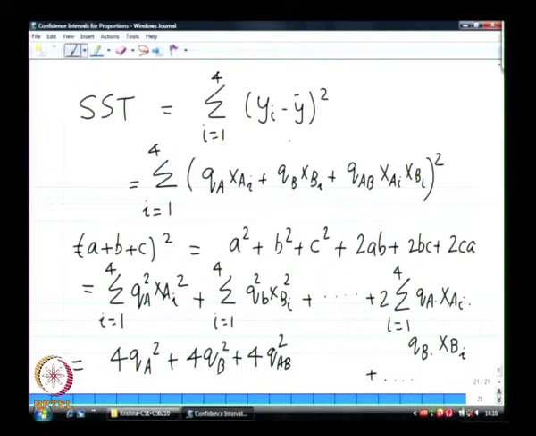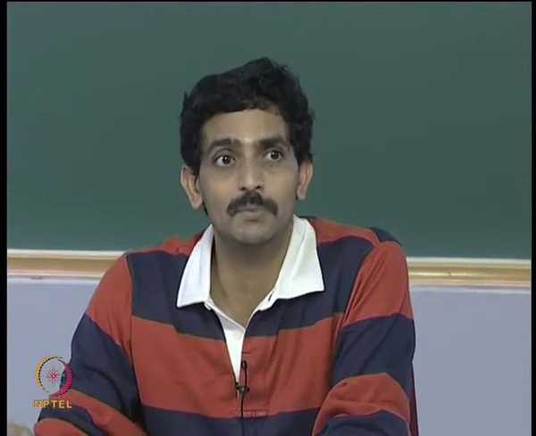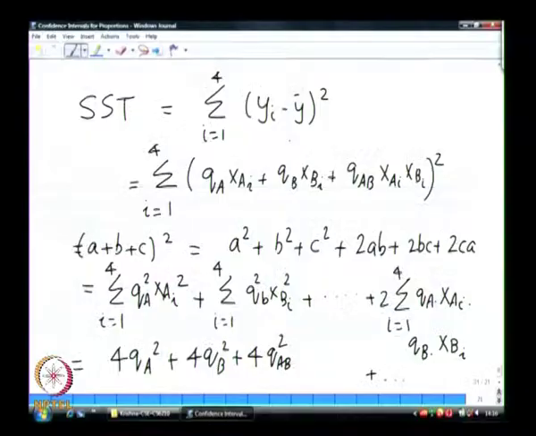Then the remaining dot product terms go to 0, right, xai into xbi across all the 4 rows goes to 0. So if there is ai into bi or ai bi, everything goes to 0. So the last 3 product terms are simply 0, and that is what we have. So this is now SSA plus SSB plus SSAB.